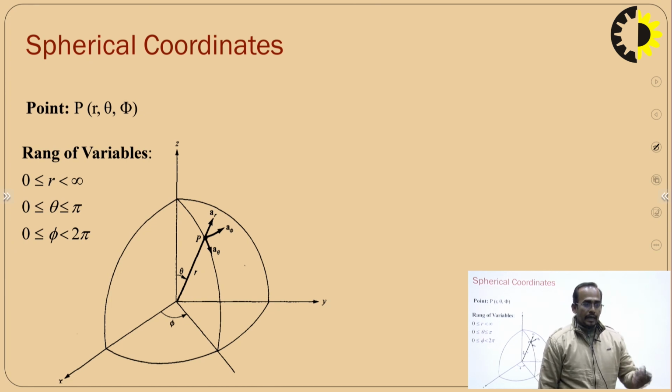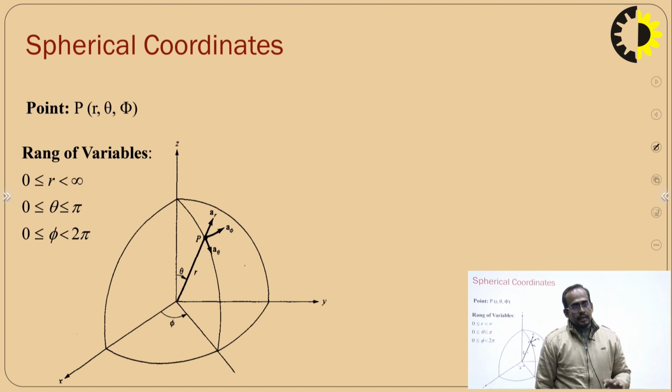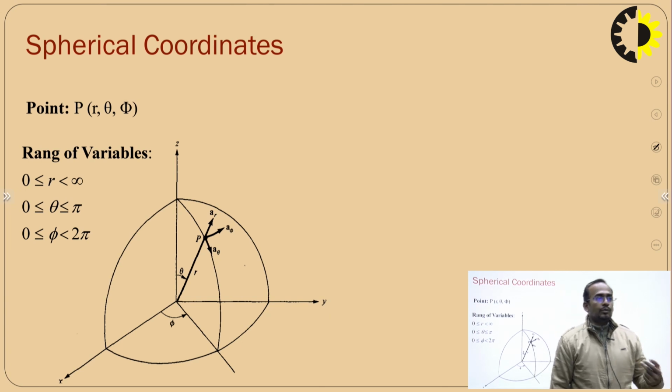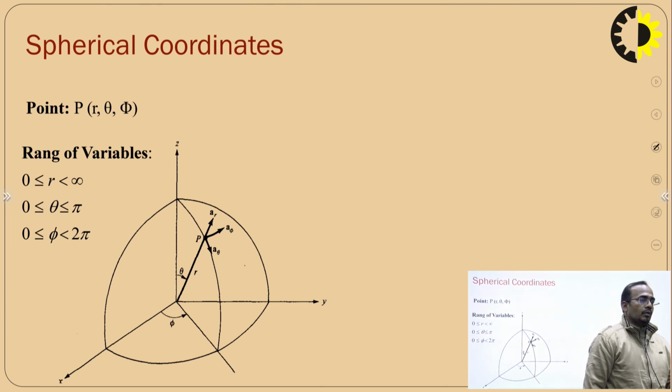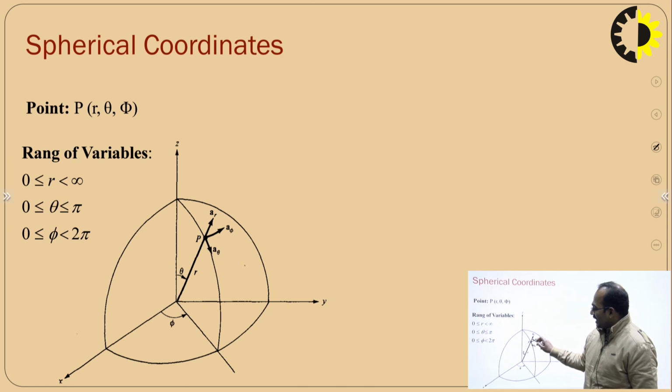So how will I make a sphere with the help of Cartesian coordinates? I will take a point P at distance r, which is making an angle of theta with the z direction.